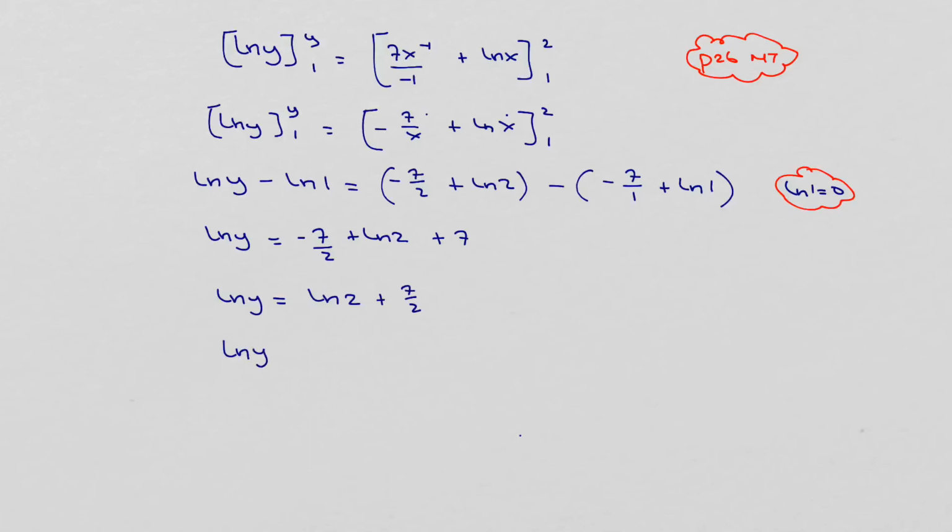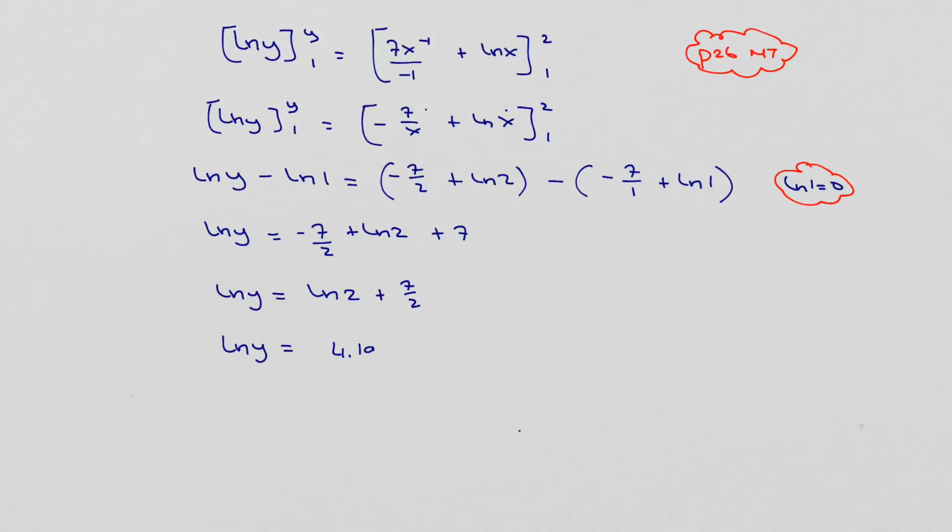And then that's natural log of y is equal to, so if I put all of the right hand side there into my calculator, I end up with 4.1931. And of course, remember that natural log of y can also be written as log of y to the base e. So therefore, if that's written as log y to the base e equals 4.1931, then I can change from my log form back to my index form, which then gives me y is equal to e to the power of 4.1931.